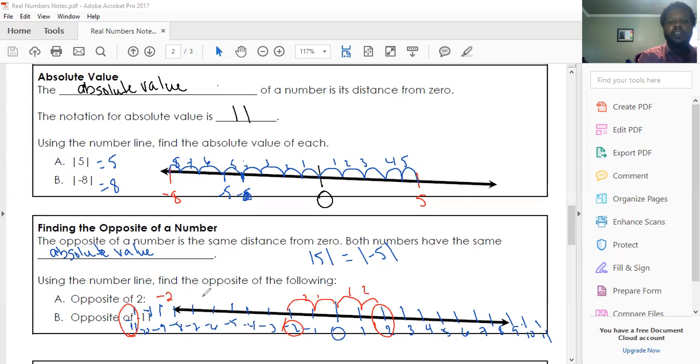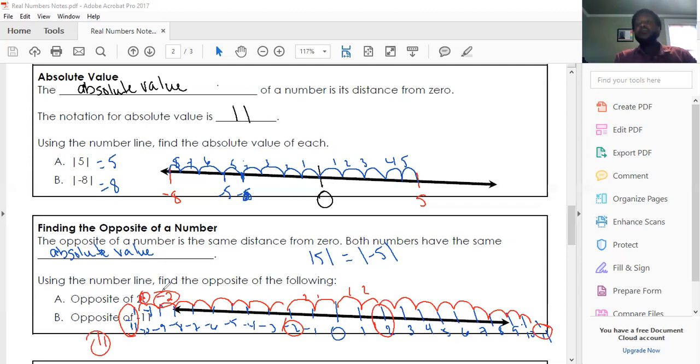Well, -11 is 11 spaces from 0. So what's 11 spaces to the right of 0? Well, of course, it is +11.